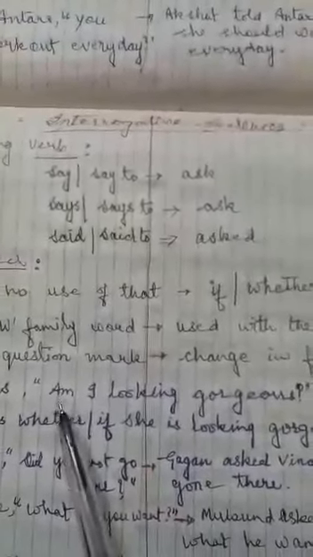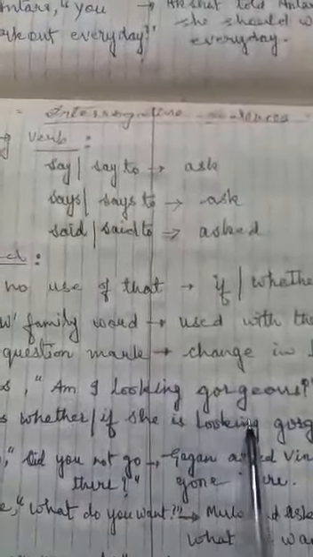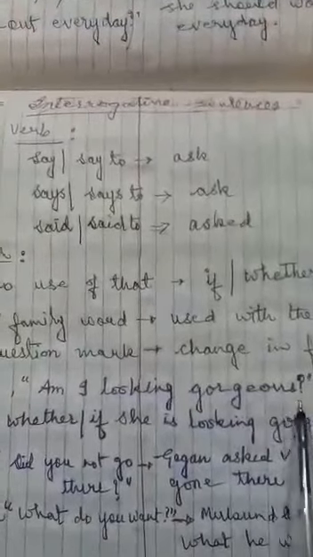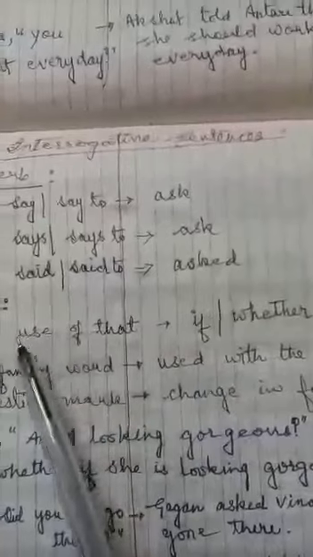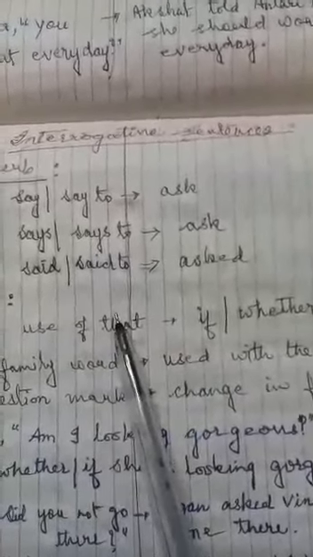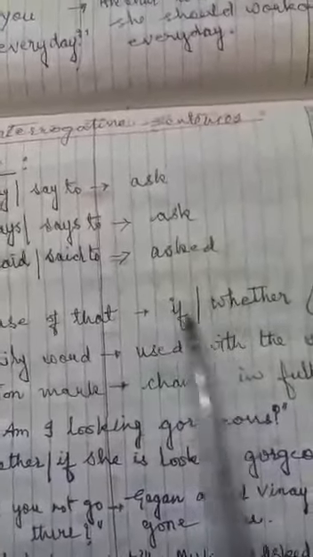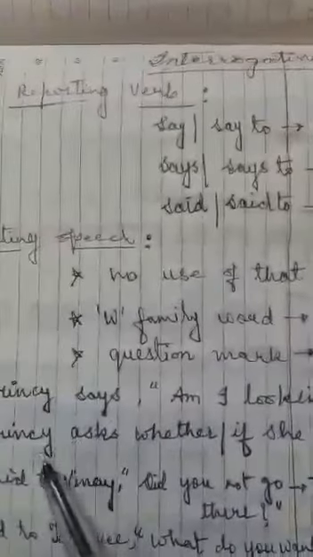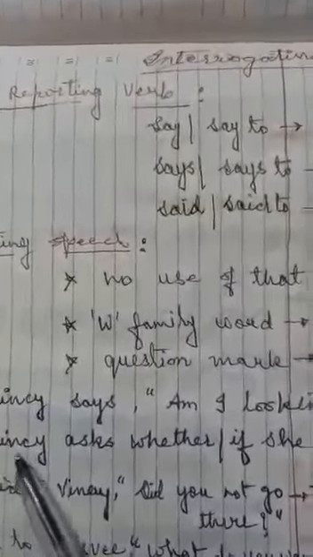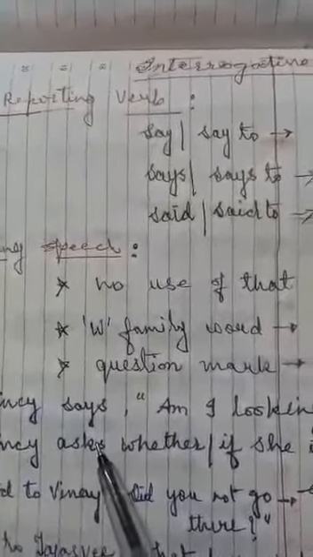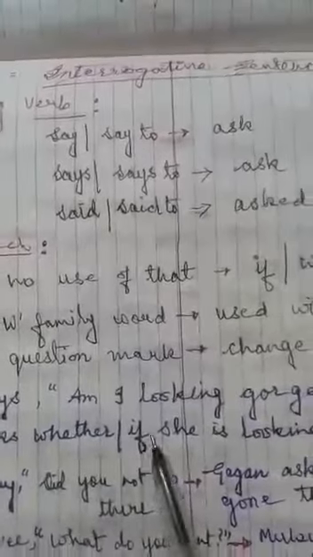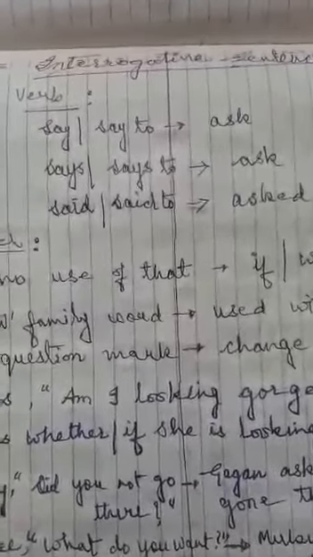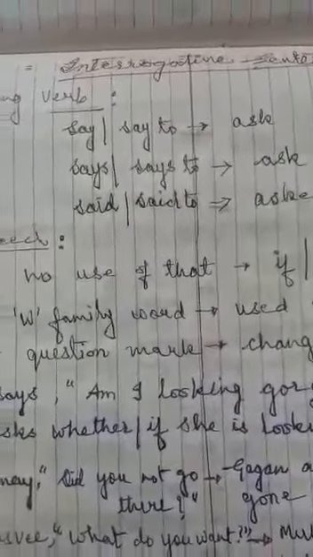So as I told, we will not use that, and instead we will use if and whether. So what will be the answer? Princey asked whether she was looking gorgeous, or if she was looking gorgeous. Both ways the sentence will be correct.